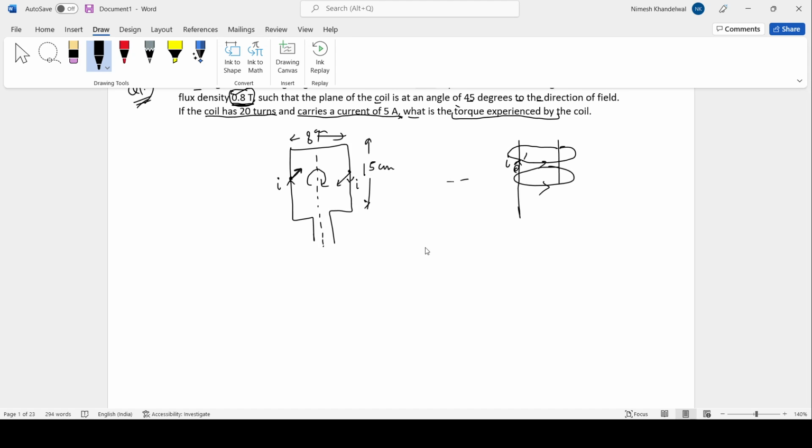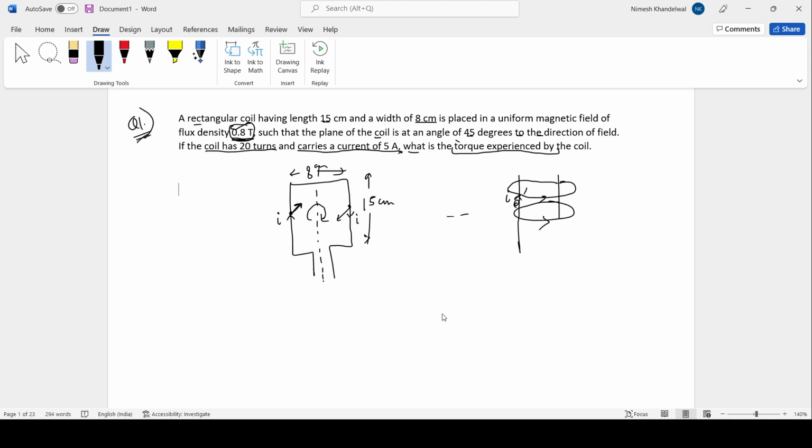And then again, we have been given that there is a magnetic field. Let us assume that this is the direction of the field, and I'm trying to draw the plane perpendicular to this magnetic field. Then our coil is at a 45-degree angle to this.